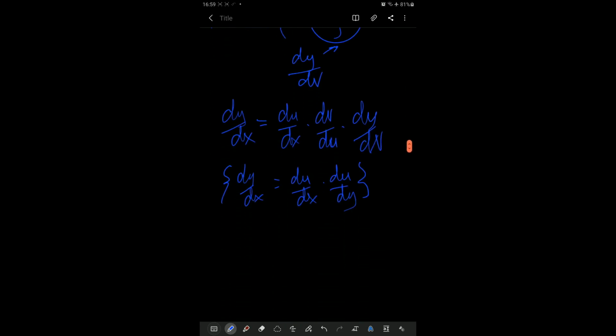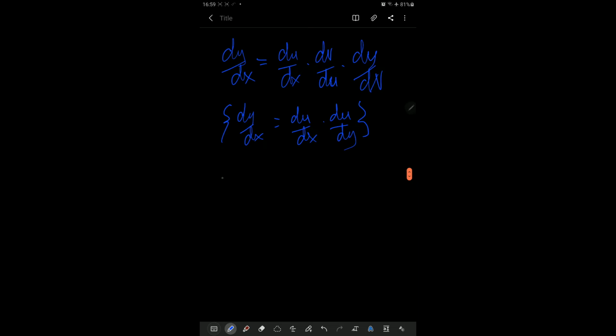So how do we go about using this? Okay, well let's say we have the equation y equals sine of the natural logarithm of, say, x squared. Okay, so let's just clean that up a little bit here.